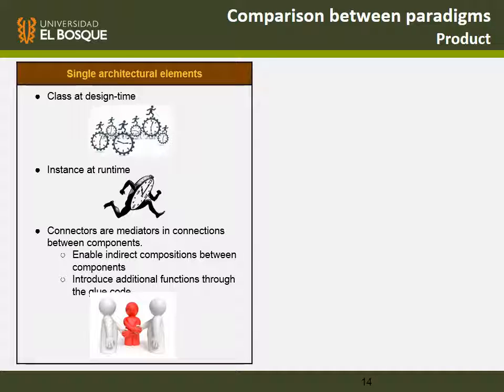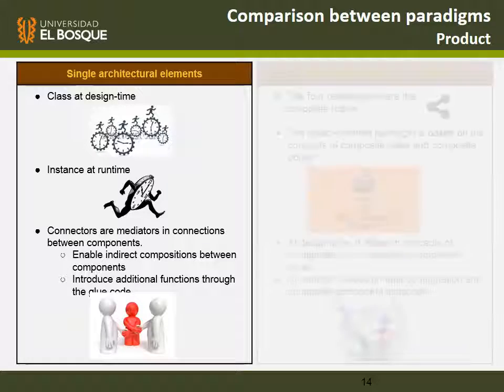The first one is to enable indirect compositions between components, and the second one is to introduce additional functions through the glue code.